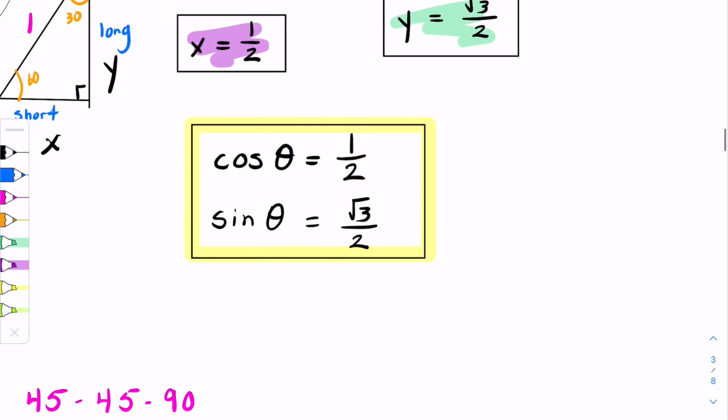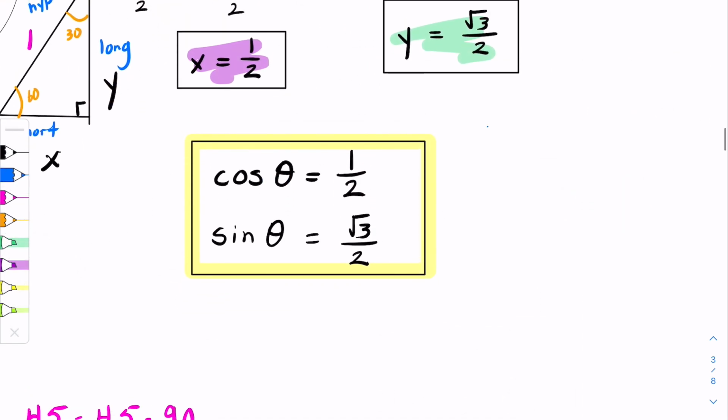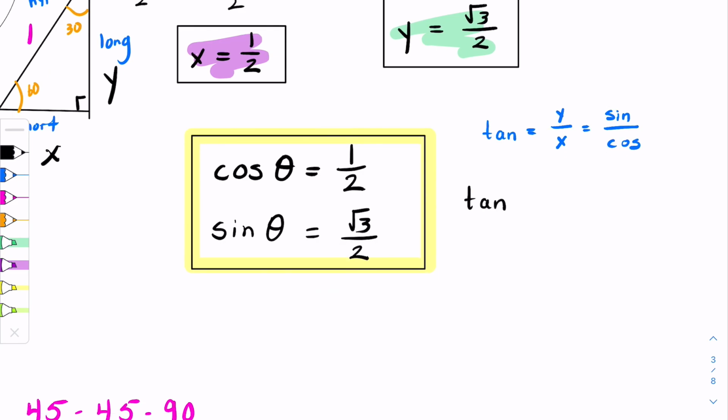As for the tangent value, recall that tangent is always going to be your y value over your x value, or I could say your sine value over your cosine value. So to fill in the tangent value, I'm going to write my y value or sine value, square root of 3 over 2, divided by my cosine value of 1/2.